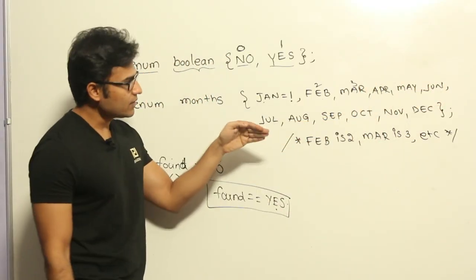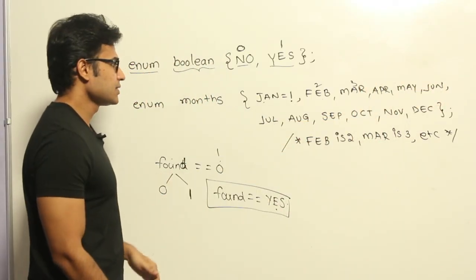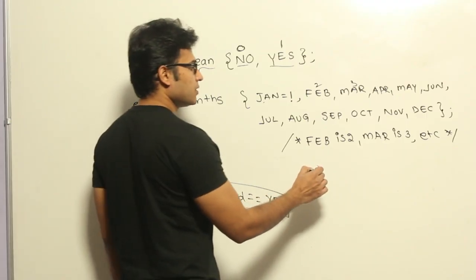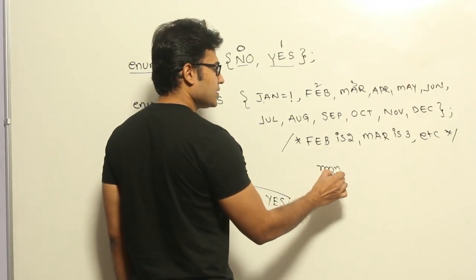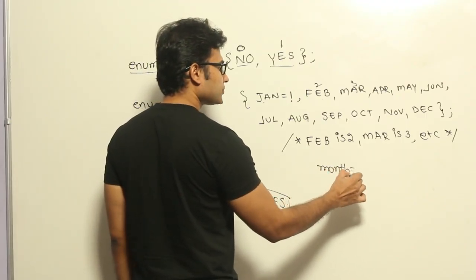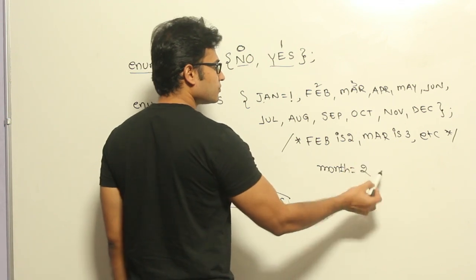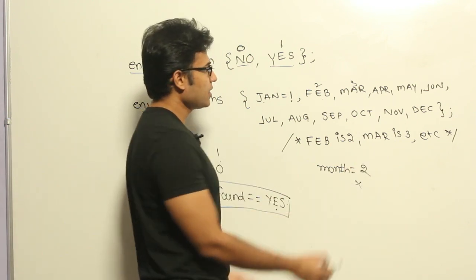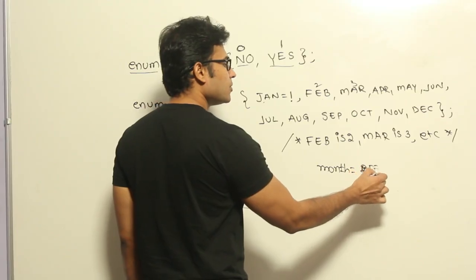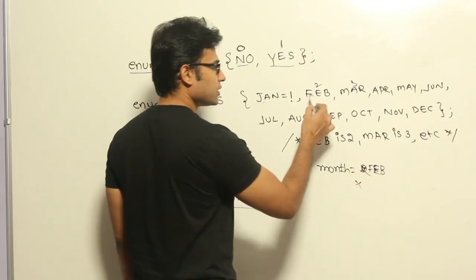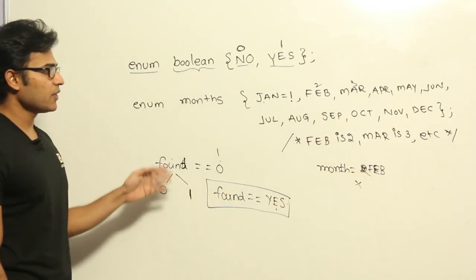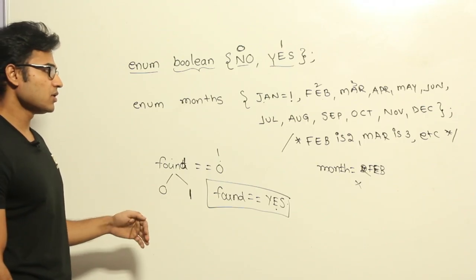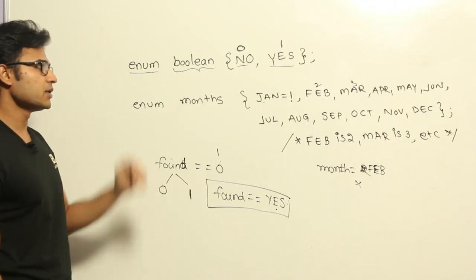Now why will this be more readable is, let us say you have a variable month. Now if I say month equal to, let's say 2, it doesn't look good, isn't it? If you say month equal to Feb, then it will be more readable, isn't it? So like that, whenever required, whenever it is meaningful, you can improve the readability by doing this.